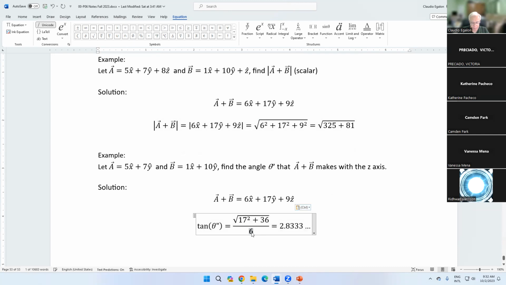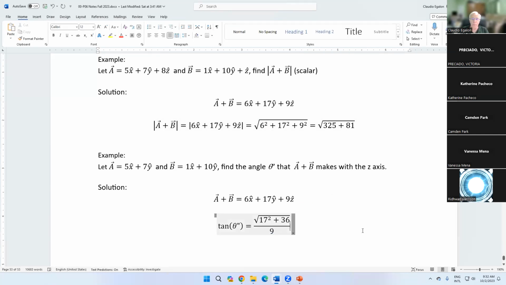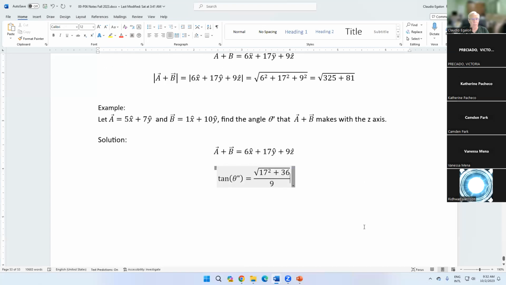Divide by 9. I'm not going to finish it. Is that right? Yeah, that's right. 17 square plus 36, square root of that, divided by 9.